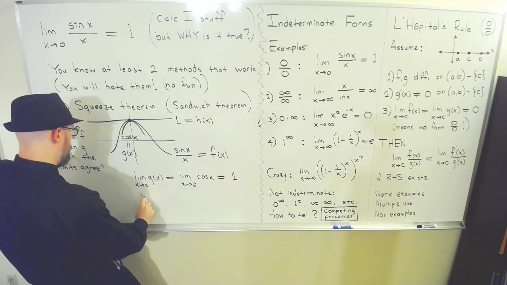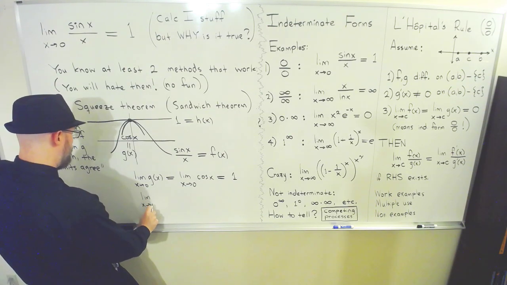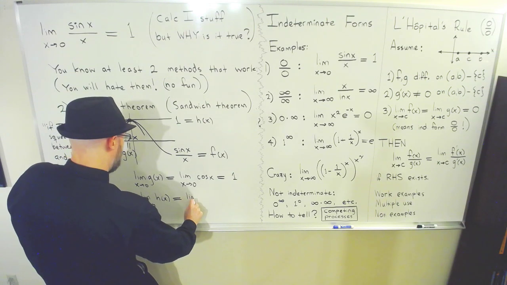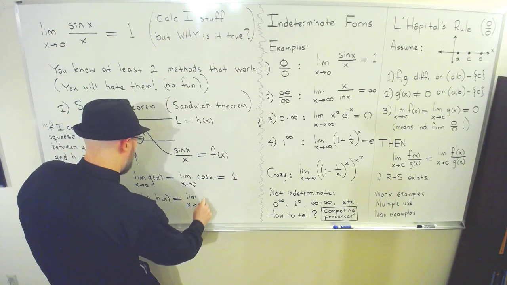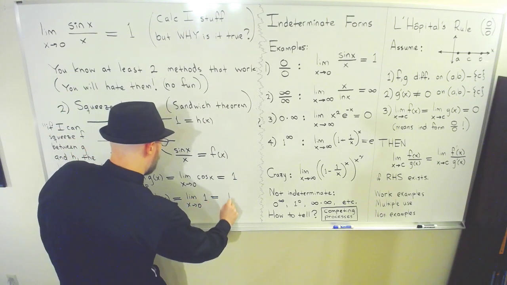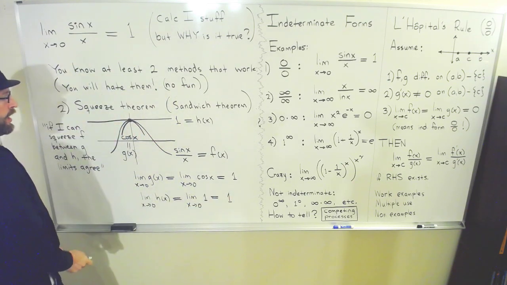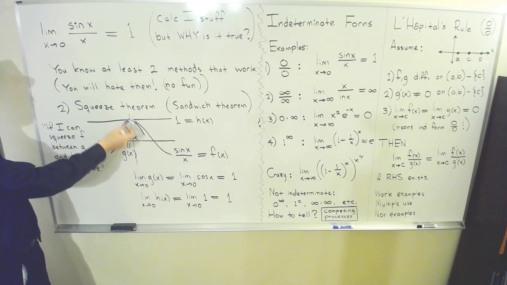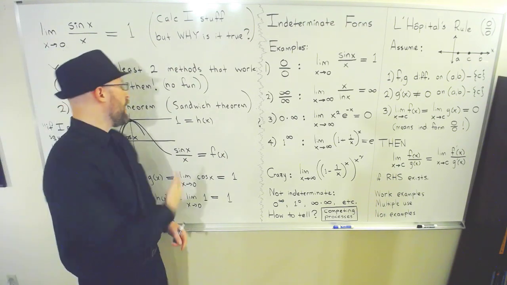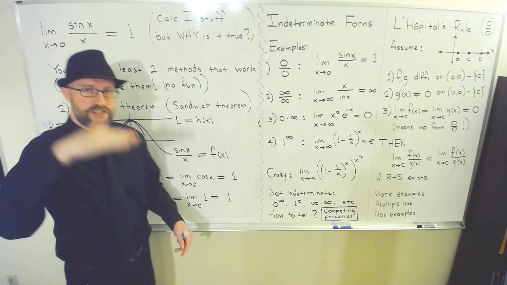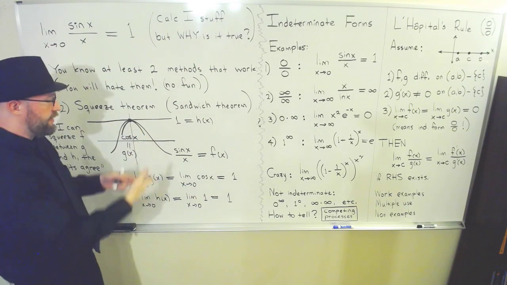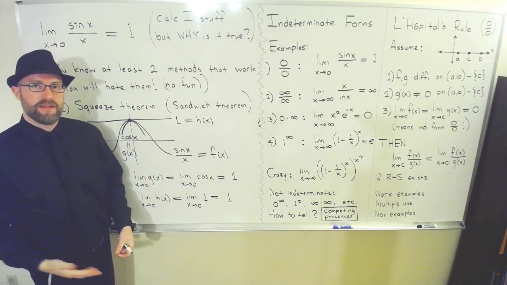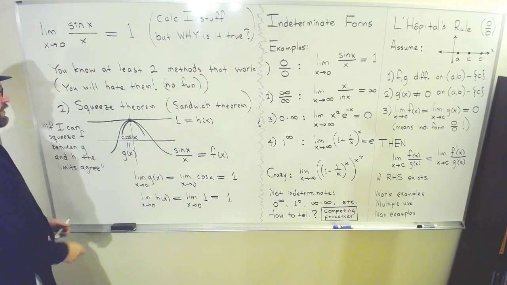And it's also true that the limit as x goes to 0 of h of x equals the limit as x goes to 0 of 1, and that, of course, is 1. It's just a constant. Now, because f is trapped between these, you need a hypothesis. You need to be able to say that f is between g and h on some interval, and then it's trapped between those two, and so the limits will be the same. That's kind of the moral of the story.